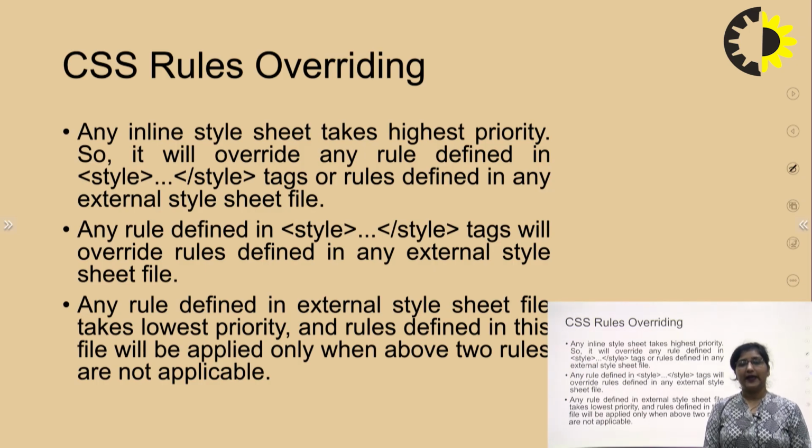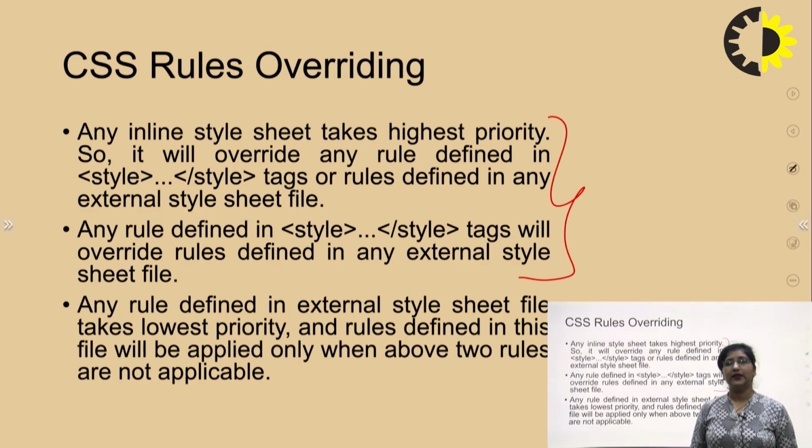After that, any style mentioned in the style tag within the program, that is the internal style sheet, will be of the second priority and higher than the external style sheet. Any rule defined in an external style sheet file will take the lowest priority. The rules defined in that file will be applied only when the other two kinds of rules are not applicable. Only then will it be applied.